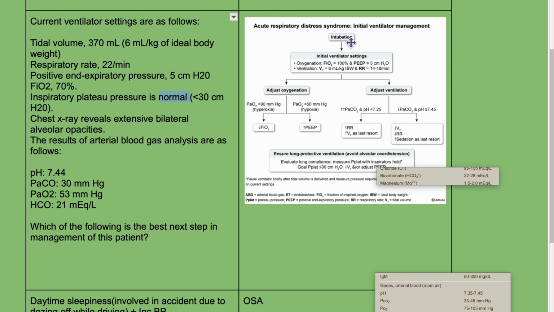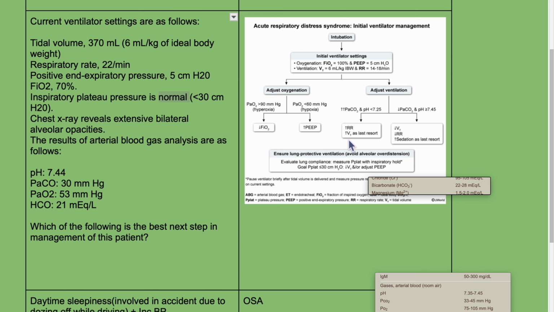So if we go along this algorithm, let's see where we end up. Intubation and initial ventilator settings: oxygenation is FiO2 100% and PEEP is 5 centimeters H2O. Ventilation is set as 6 ml per kg IBW, and respiratory rate is between 14 to 18 per minute.